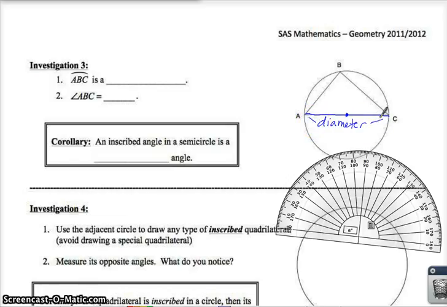And if AC is a diameter, that means that arc ABC is a semicircle. So arc ABC is a semicircle.